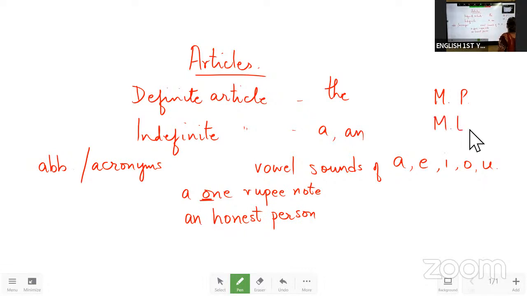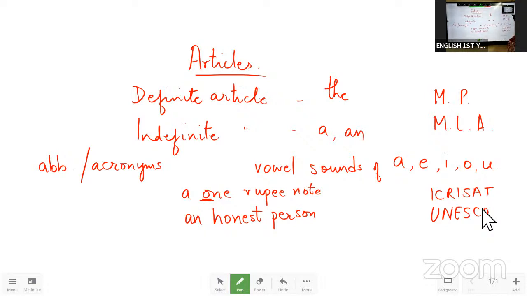MLA, AM, PM, all are abbreviations. Acronyms like ICRISAT, these are also abbreviations. ICRISAT, UNESCO. They are also abbreviations, but there is no dot and they are pronounced as a whole.